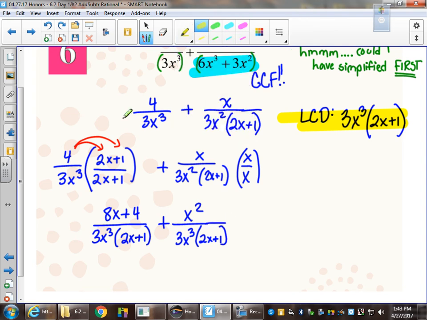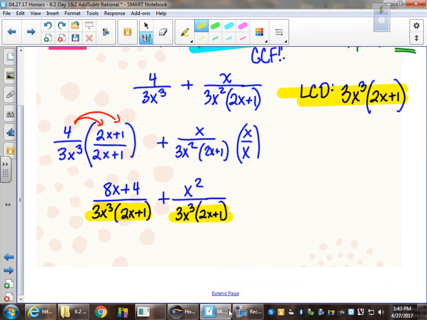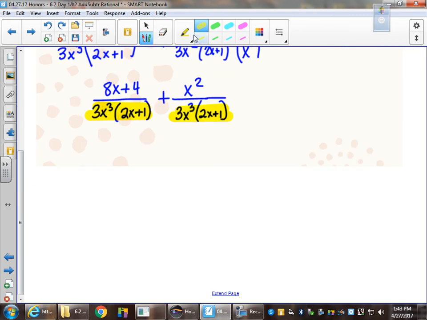And when I look at my denominators, I have successfully used multiplication to obtain a common denominator, the smallest one possible. Now that I have my common denominator, we will add in the numerator.